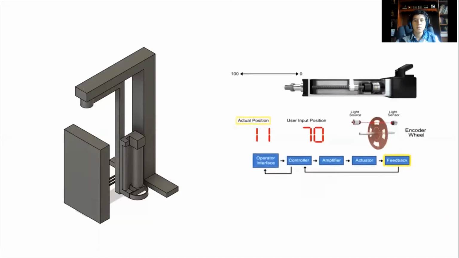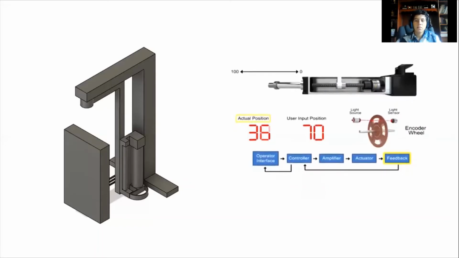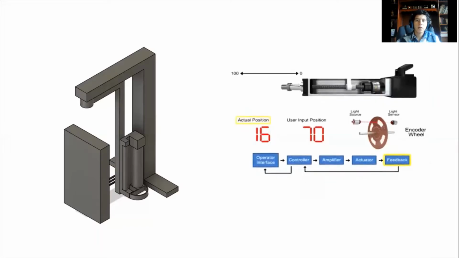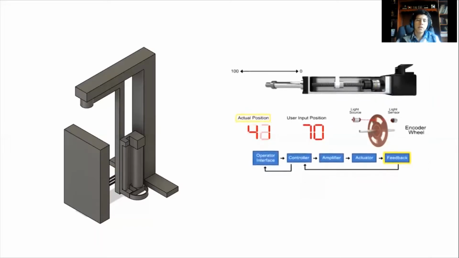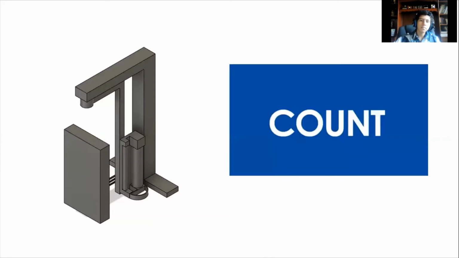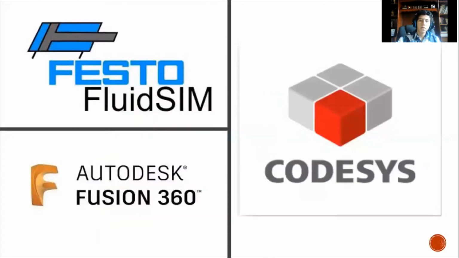In the same way with the rotary arm, we can measure not only the position, but even the speed and the direction that the arm is turning. I used three applications for simulation.